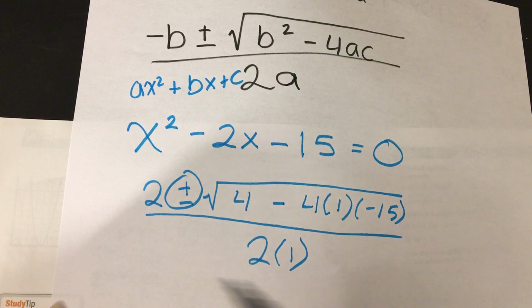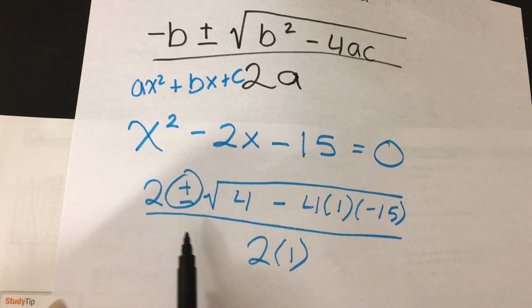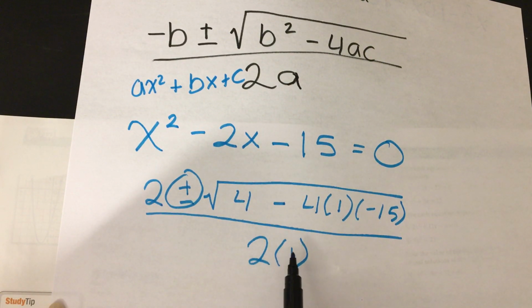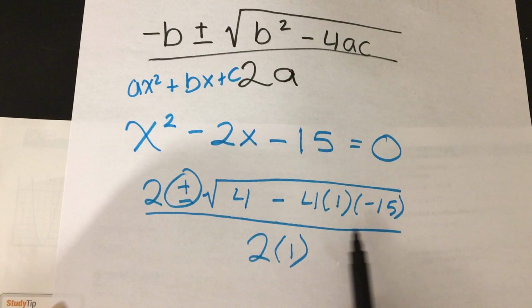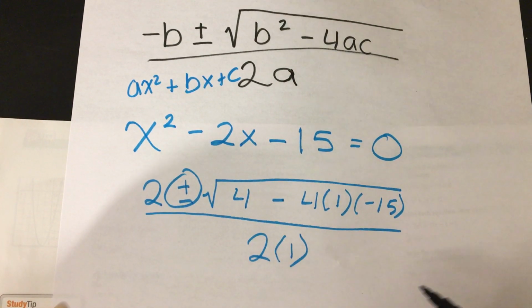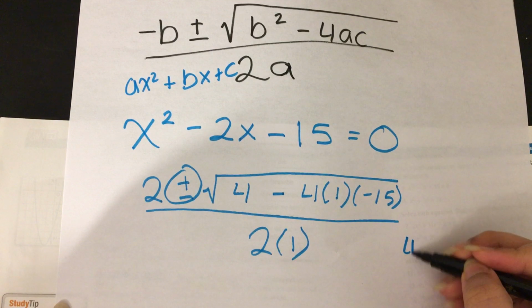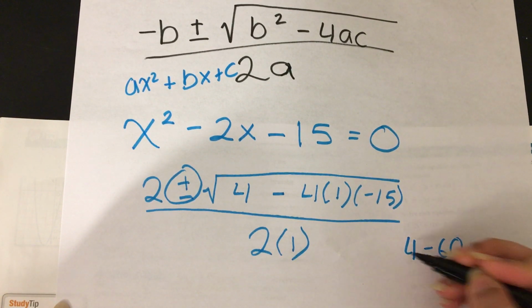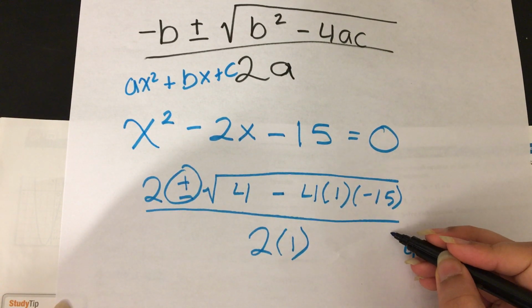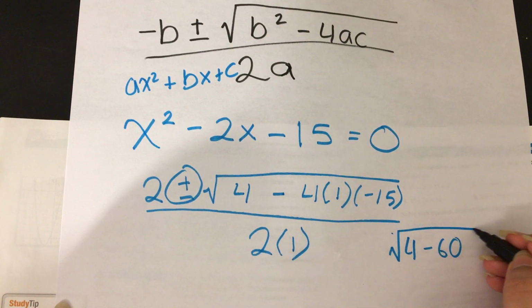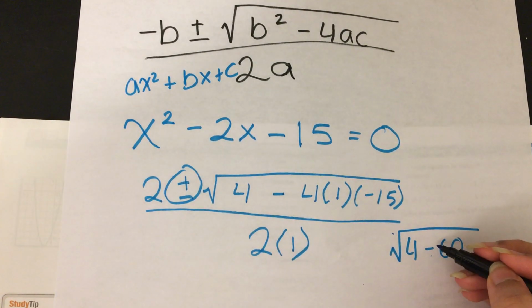So, let's solve. 2 plus minus the square root of 4 minus negative 15 times negative 4 is 60. Actually, wait, my bad.